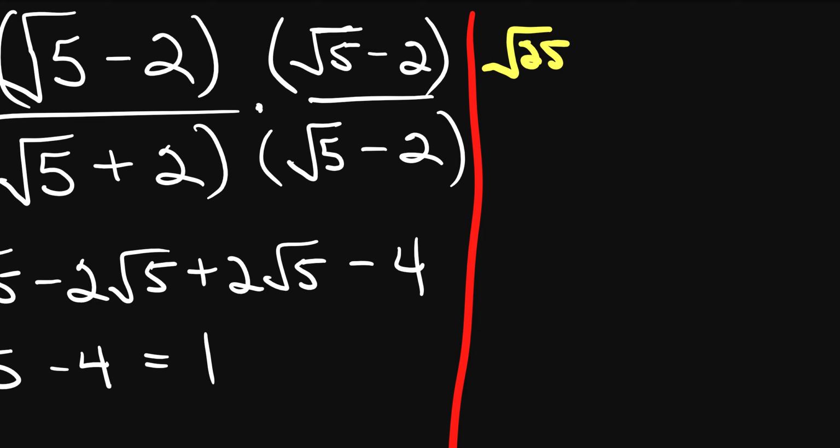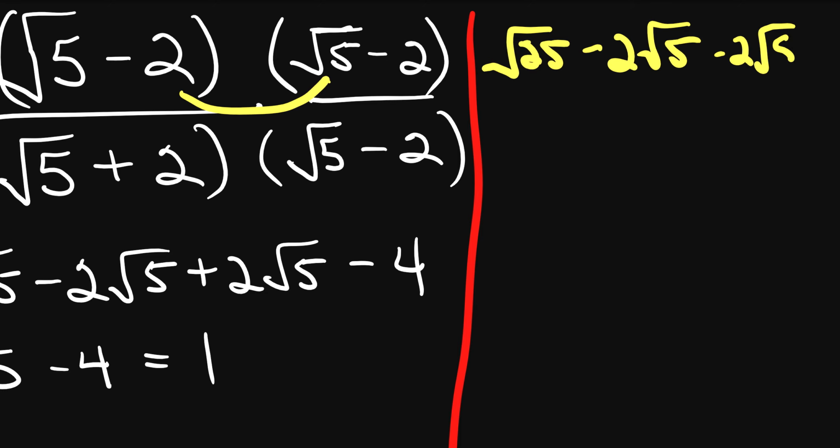Square root of 5 times negative 2 is negative 2 root 5. Inside is negative 2 root 5, so that's minus 2 root 5. And lastly, negative 2 times negative 2 is positive 4.